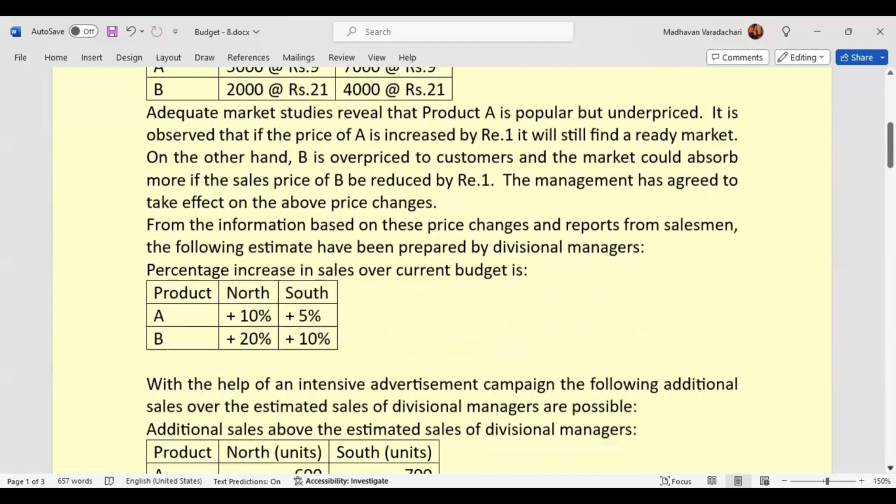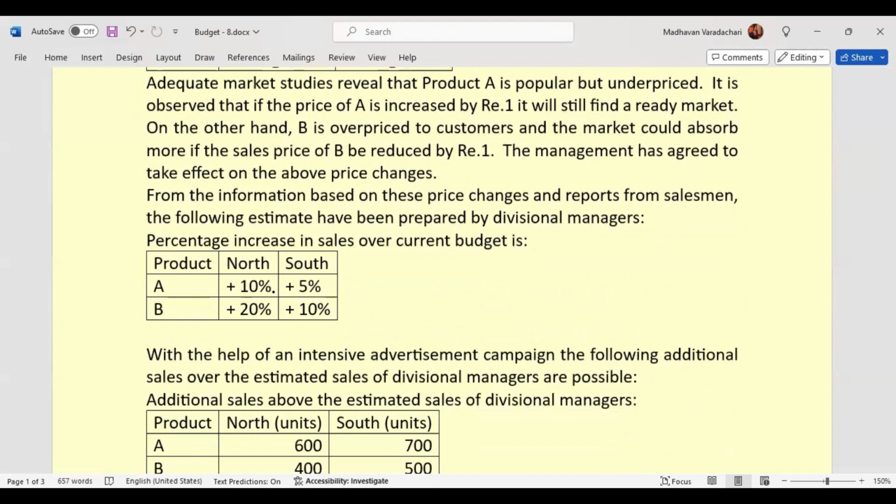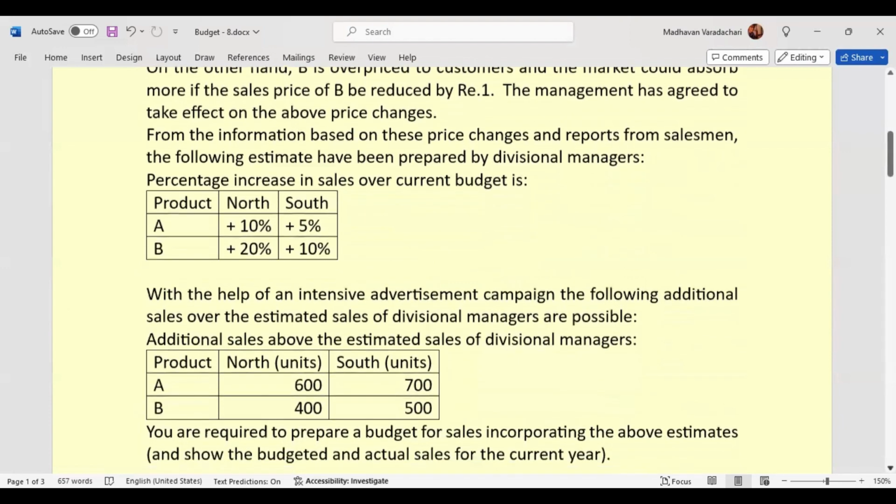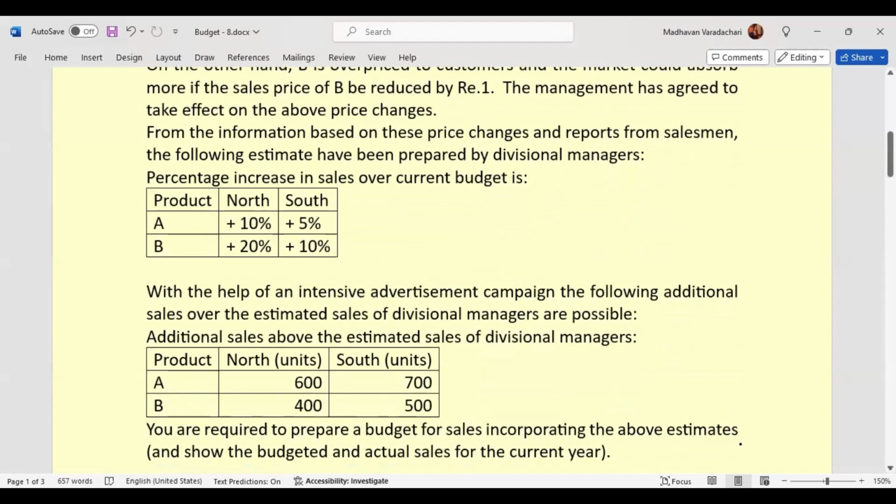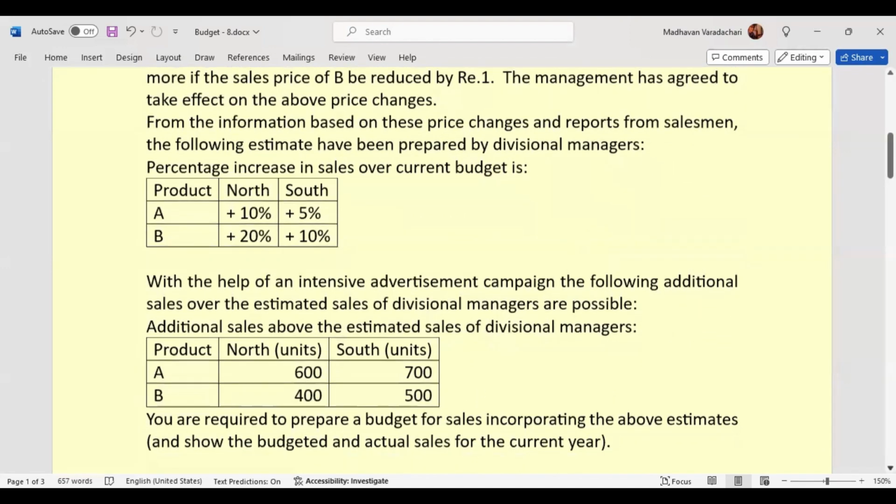And then we need to consider this percentage increase in the quantity over the current budget. And then further, if they give a specific advertisement, further quantity also can get increased. So based on this, we need to do that now.